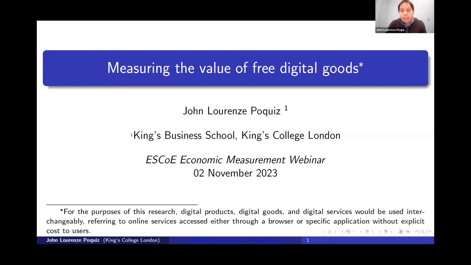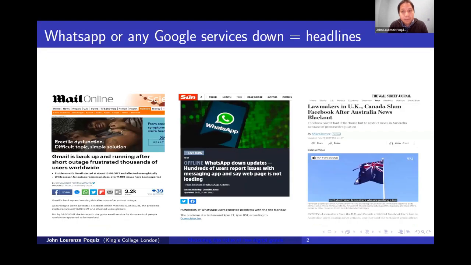But one thing we can notice these days is that whenever we see that WhatsApp or Gmail is down, it instantly makes headlines. Even if WhatsApp is only down for 45 minutes, everyone's talking about it on Twitter.